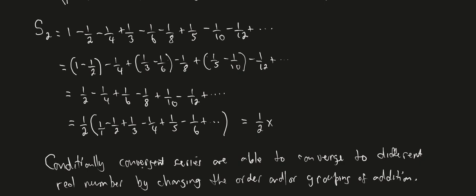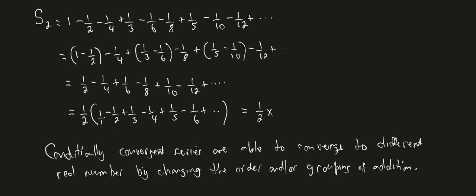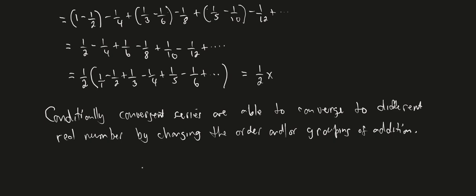Now, how does this contrast to the absolutely convergent series? Those are the ones that no matter the order, no matter the grouping, they will always converge to the same number. That's the wow factor. So let me say that here.